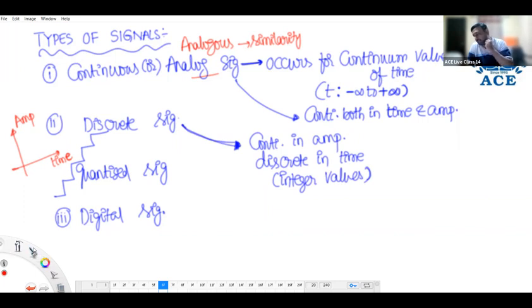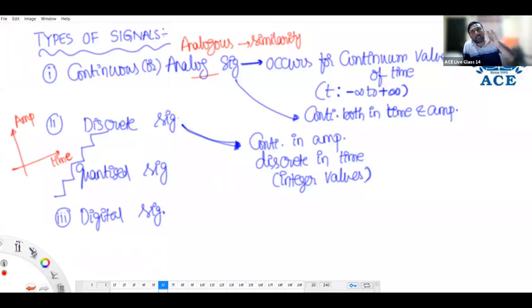Why do we need a discrete signal? There are two reasons. First reason, it is impossible to store continuous information directly inside our computer, because the computer can understand only logic 1 and logic 0.